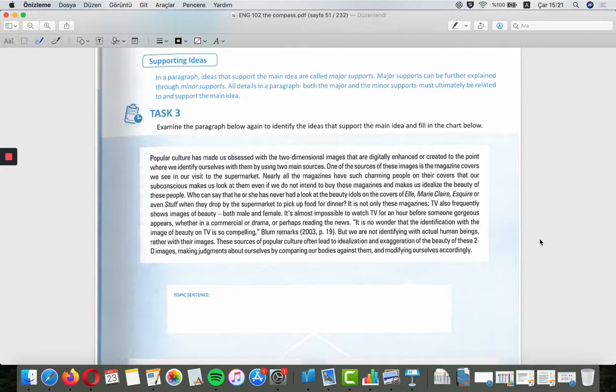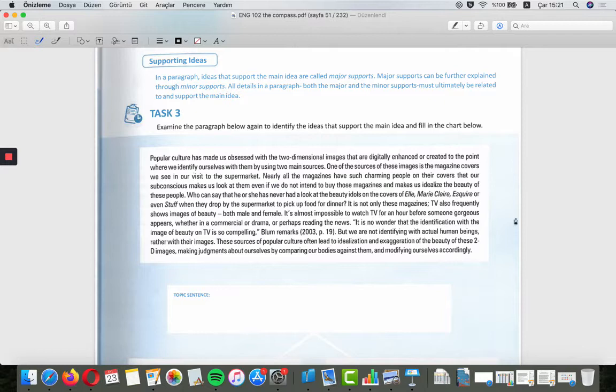Whenever there is a paragraph, there is a main idea and some other ideas that support it. Okay? And when you give those supporting ideas, you also may want to give more details and sometimes examples to justify your point. So this is what we are looking at right now.